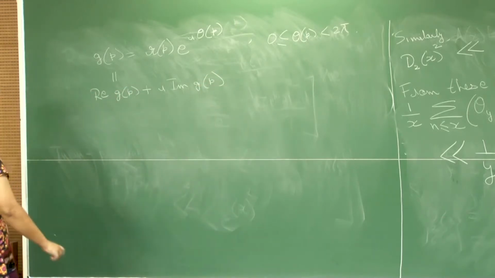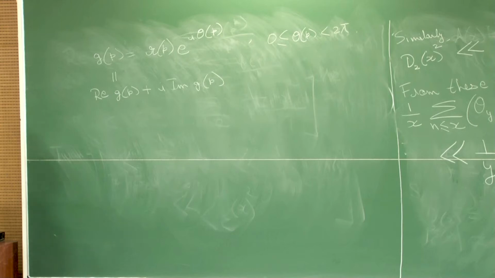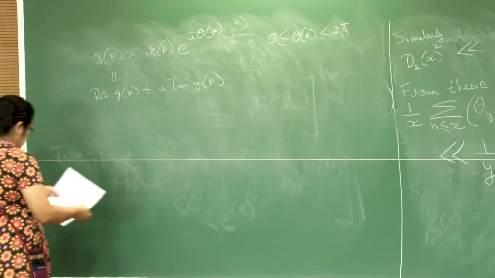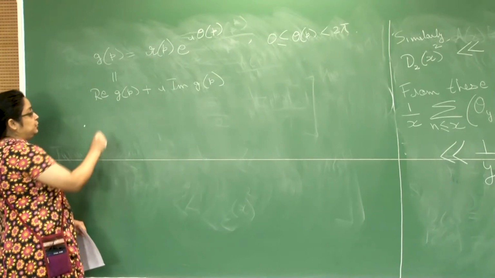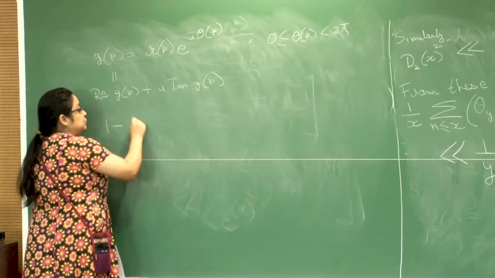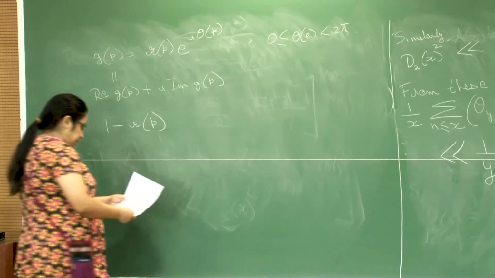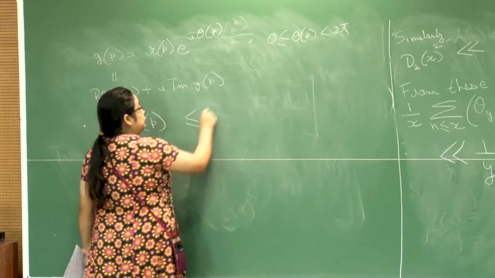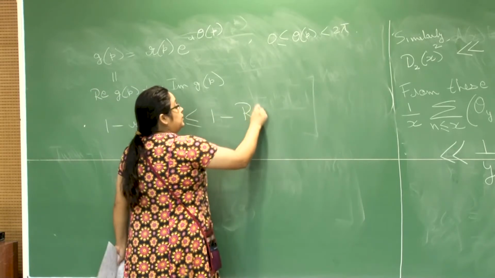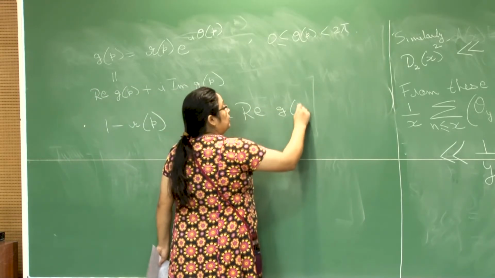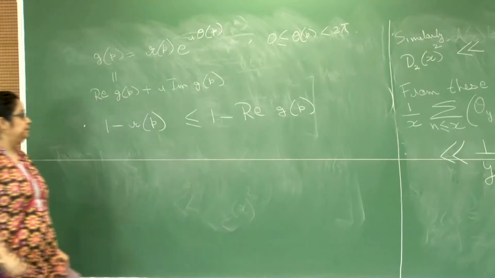And you can actually derive from elementary complex analysis the following inequalities, which I am going to leave as an exercise for you to think about. 1 minus r of p is less than or equal to 1 minus the real part of g of p.